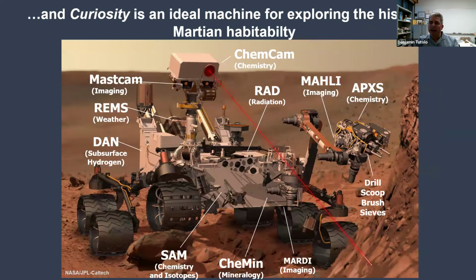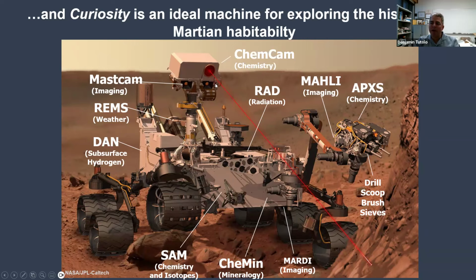So importantly, Curiosity is an ideal machine for exploring the history of Martian habitability. There are lots of instruments on this rover, and I don't have time to get into all of them today. But the ones that we will mention, at least in some detail today, is Mastcam. So all of the beautiful photographic mosaics that I am presenting today came from the Mastcam instrument.